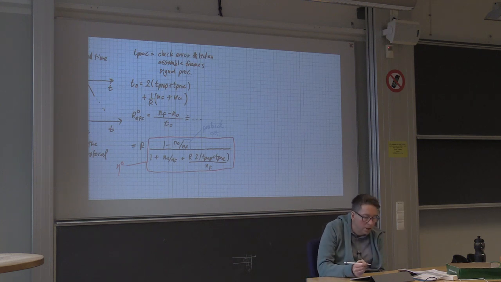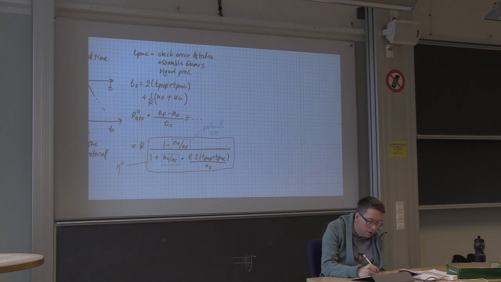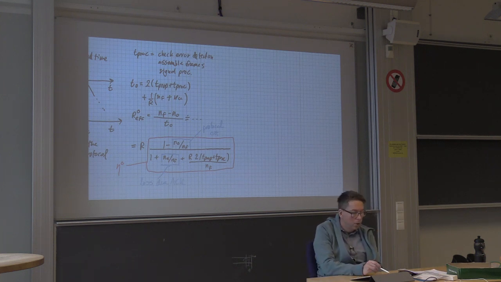Then we have two things in the denominator that makes the fraction small. And one is NA divided by NF. So this is the loss due to the transmission of acknowledgements, right? The bigger the acknowledgement is in number of bits in relationship to the frame, the worse the efficiency is.